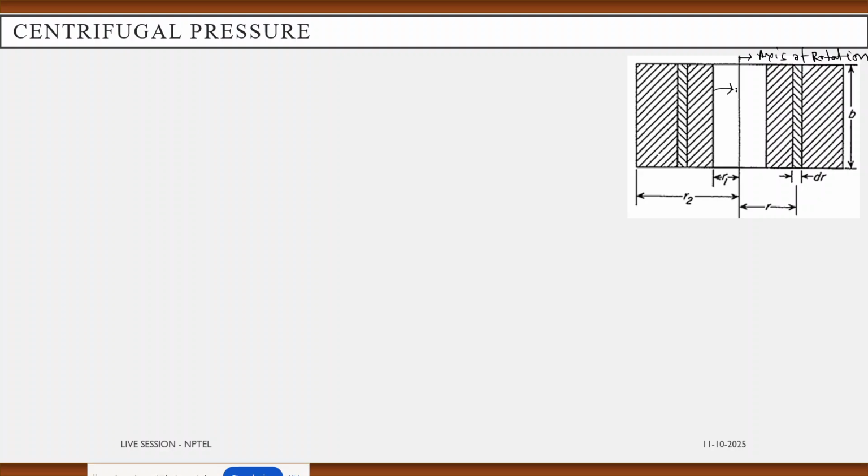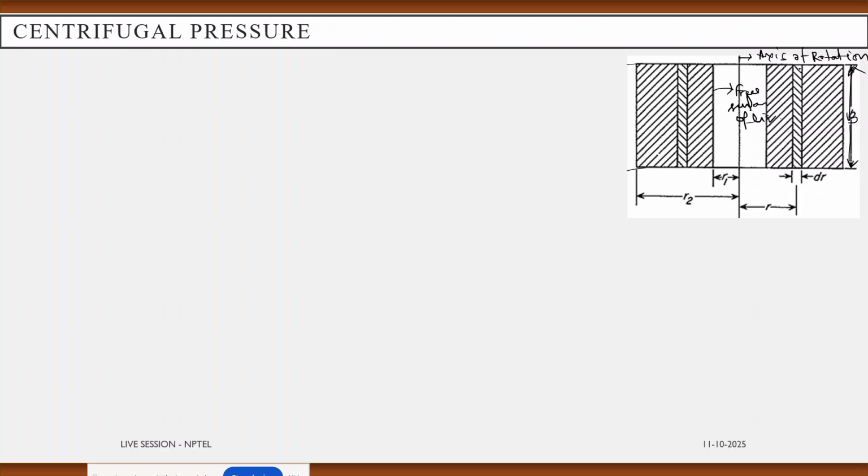This one is the free surface of the liquid. This one is the breadth of the liquid, the total centrifuge. And R2 is the radius of the centrifuge bowl.